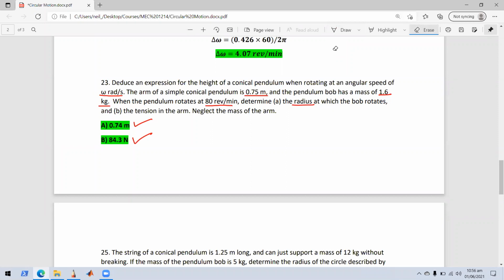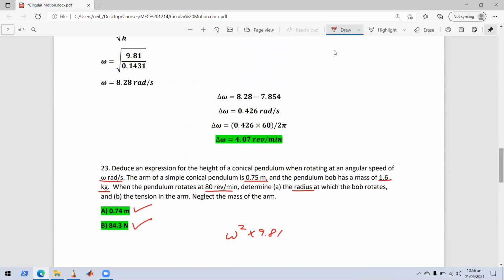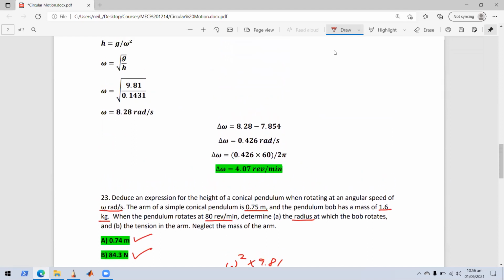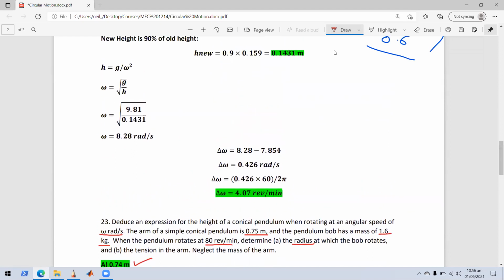Sir, I squared the omega, then I multiplied it by 9.81. The answer I got was 82 point something, and then I added the 1.6 and got 83 point something. I don't think that's the way it's supposed to be, sir.